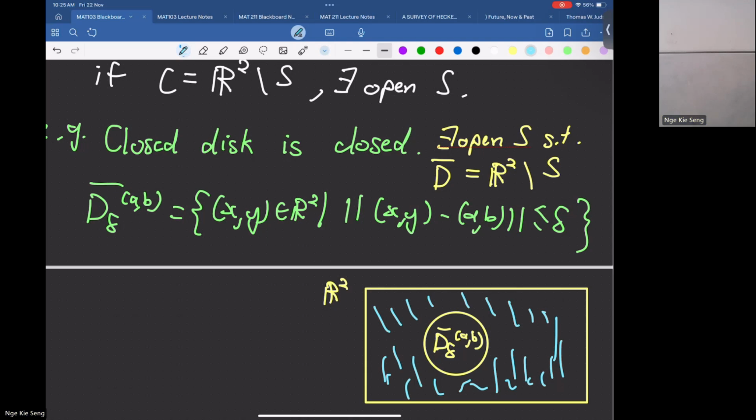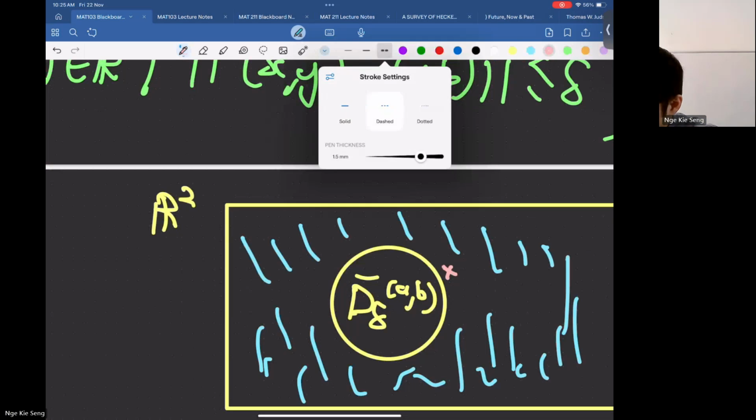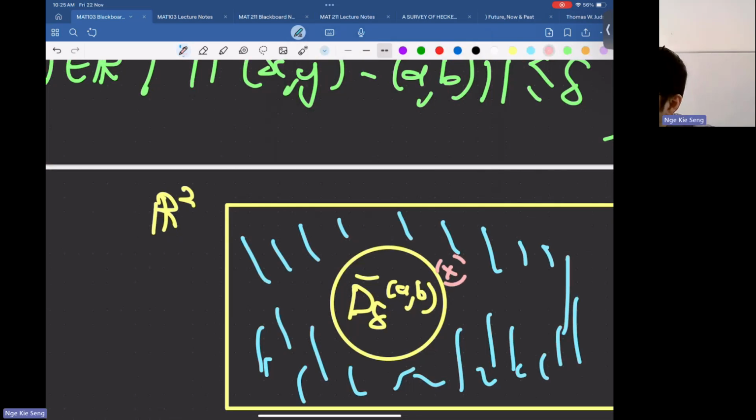But there's some problem when you go close to the closed disk. Can you still form an open ball or not? Can, right? You just need to build your ball small enough to avoid the closed ball.